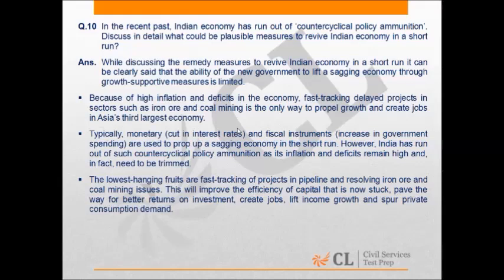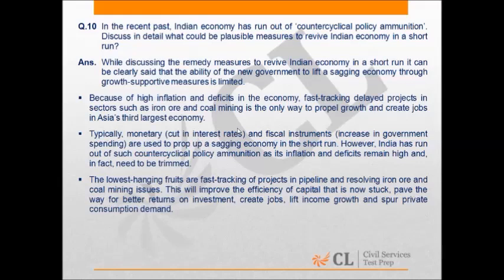Because in recent past, India faced many types of challenges: high inflation, high CAD, low rate of FDI, etc. Slump in manufacturing and construction sector, poor monsoon, poor domestic production, poor domestic saving, etc. Because of high inflation and deficits in the economy, fast-tracking delayed projects in sectors such as iron ore and coal mining is the only way to propel growth and create jobs in Asia's third largest economy.